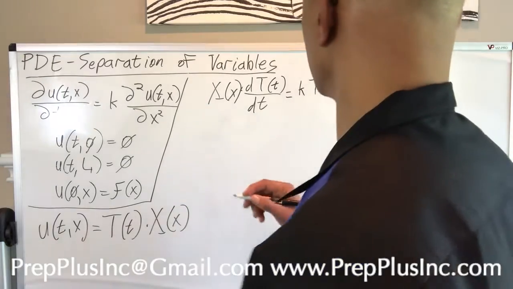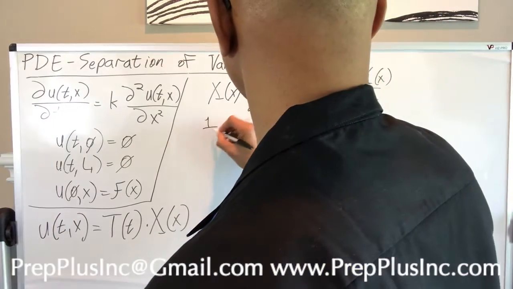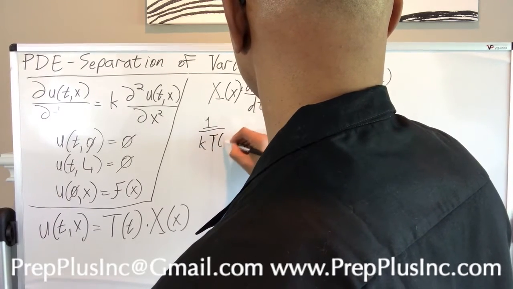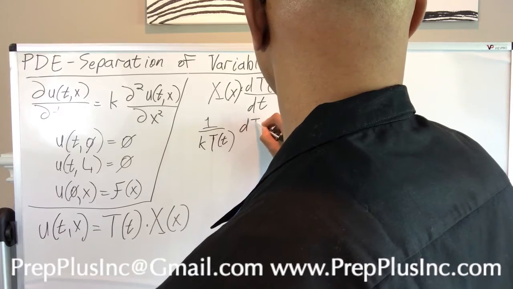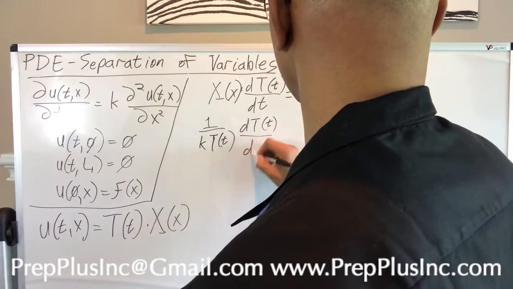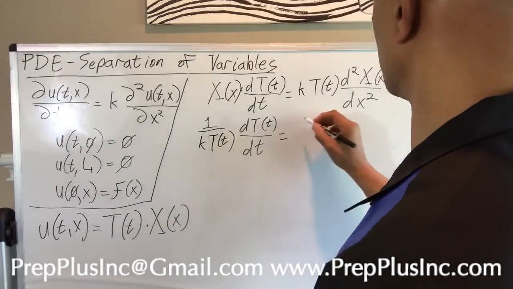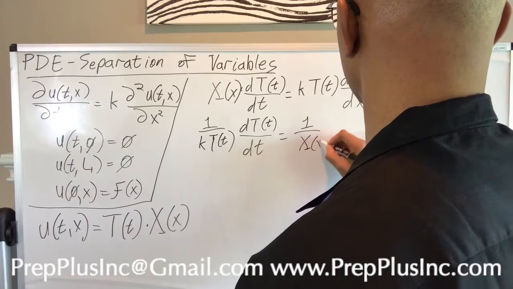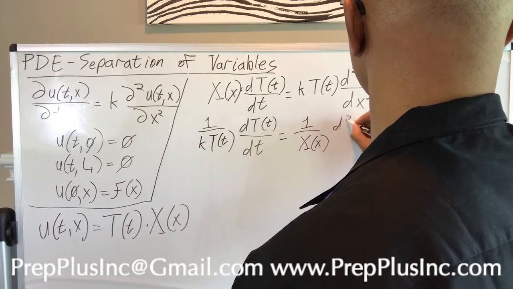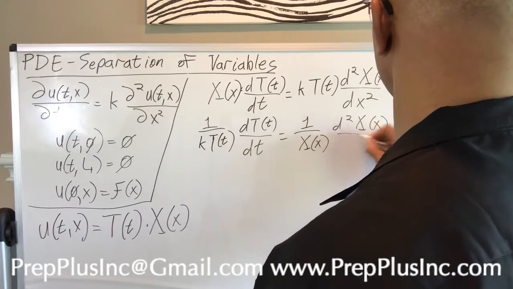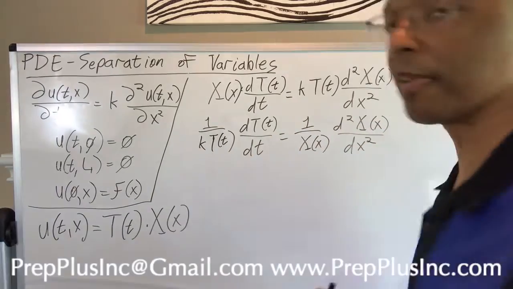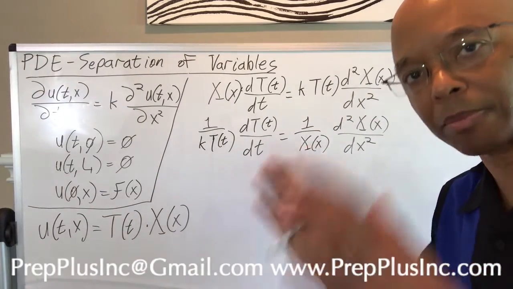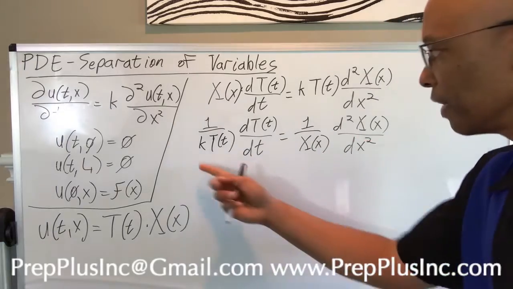So we get 1 over k times capital T, dT by dt, equals 1 over capital X, d2X by dx squared. All I've done is divide both sides of this equation by the same thing, k times capital T times capital X, and this is what I get.